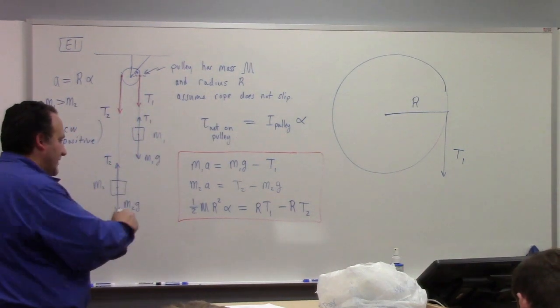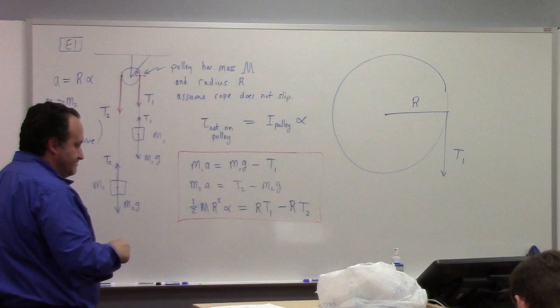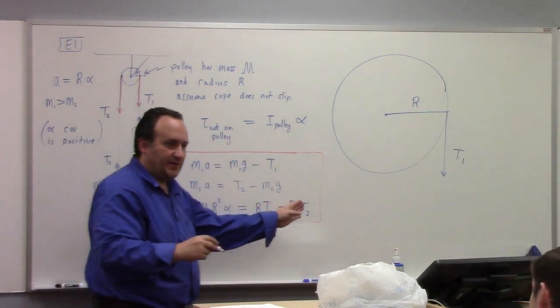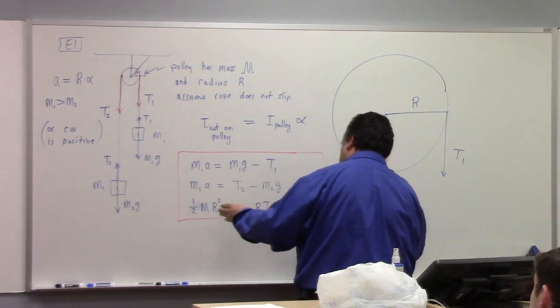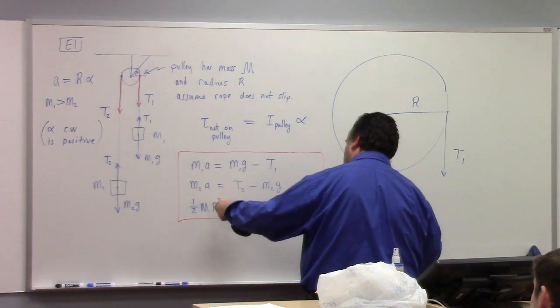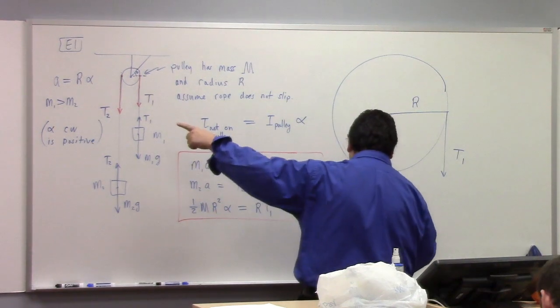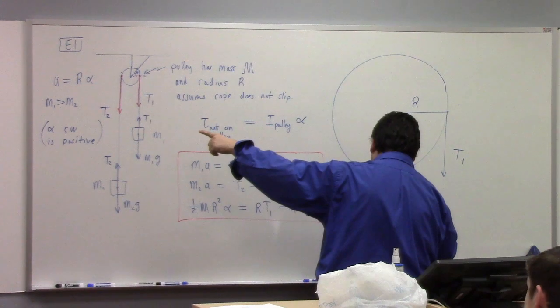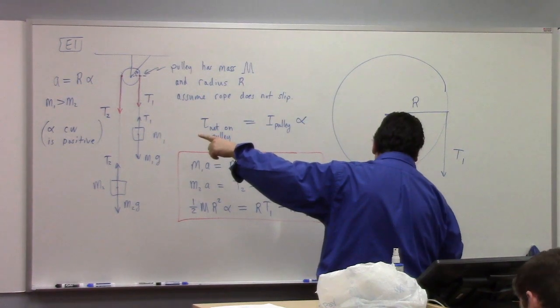So, if I divide this by R, what happens? You divide this by R, what do you get for the third equation? You get 1/2 m. What is R alpha? R alpha is equal to A, right? So I get 1/2 mA is equal to what? Looks like T1 minus T2.